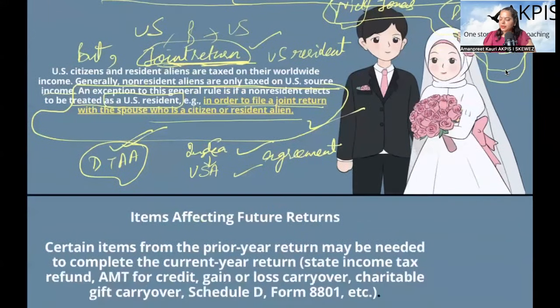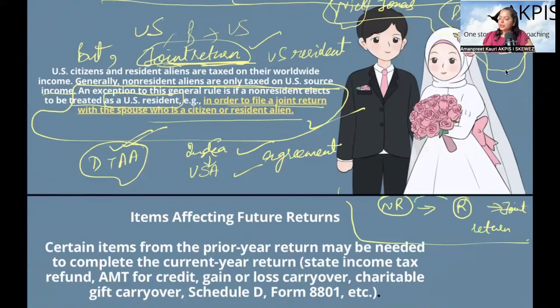So what is the crux? The crux is this: even if you are a non-resident, you are given an option to be treated as a resident. In which situation? For example, in filing a joint return. So, a normal, simple thing: if you are a non-resident, you are supposed to pay tax only on your income earned in the US.